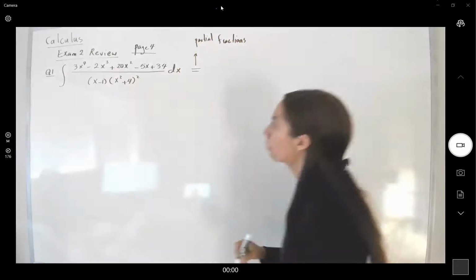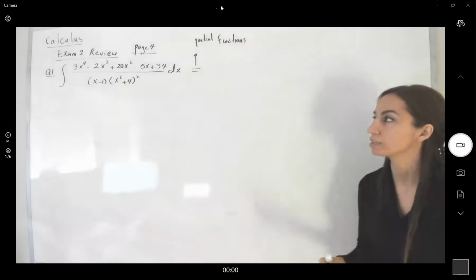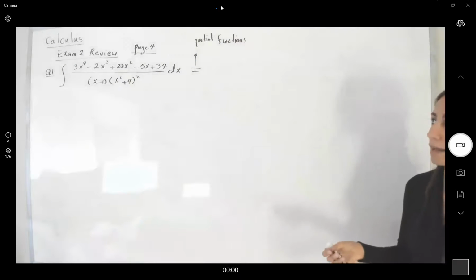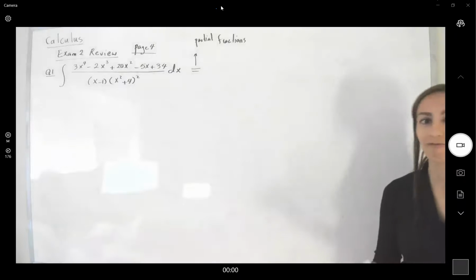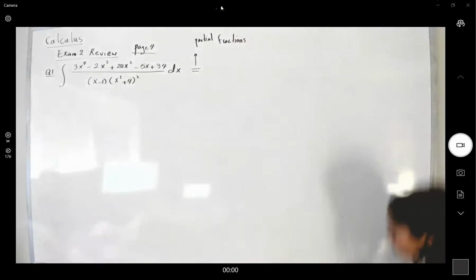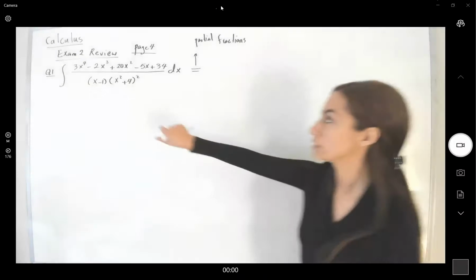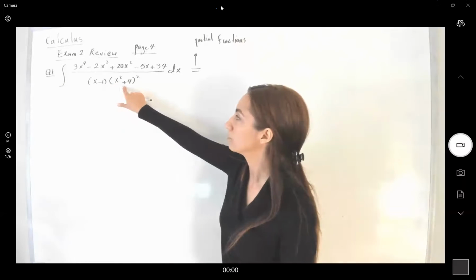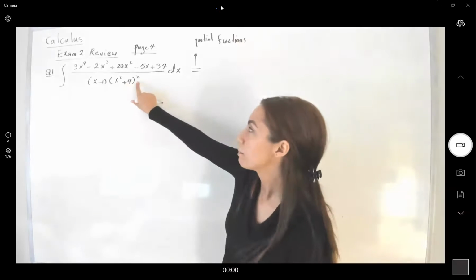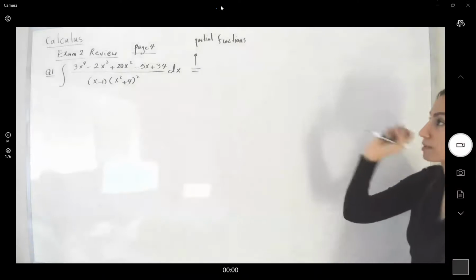When we're using partial fractions, remember that you have to have your denominators written in the way that you eventually can figure out what the numerator is. One of them is a linear term. The other is a quadratic term, but raised to the second power. So we need 3 fractions.